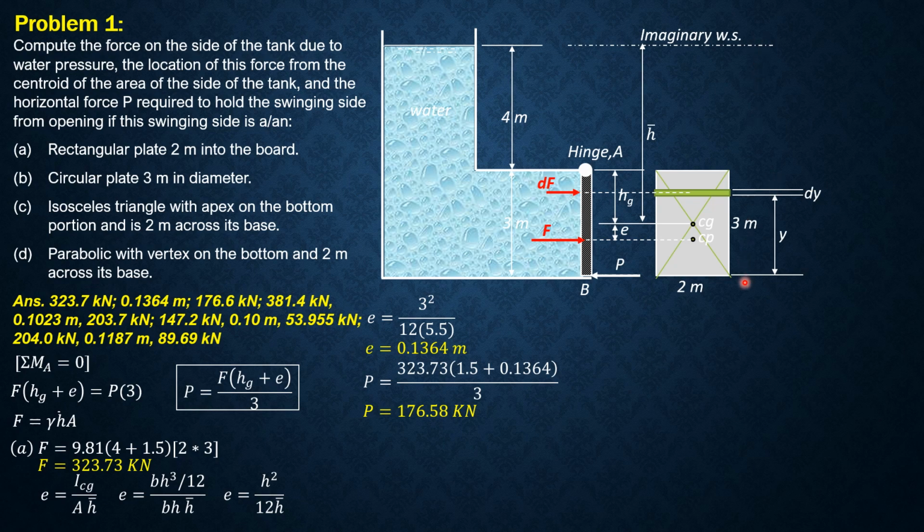The total depth up to the bottom B is 7, 4 plus 3. So 7 minus y, this is 3 minus y, and that's 7 minus y.